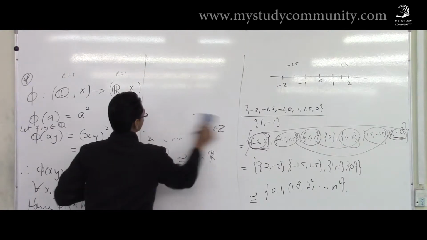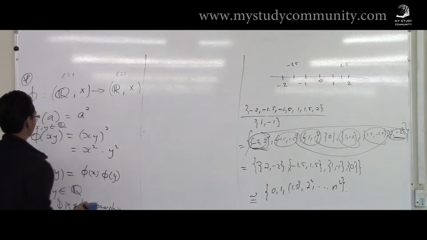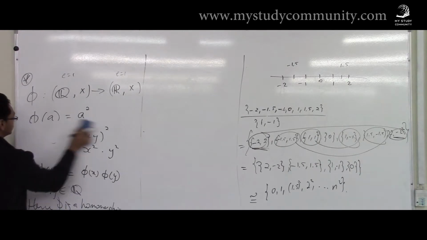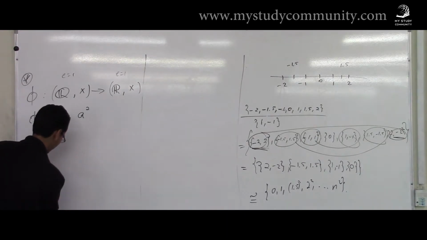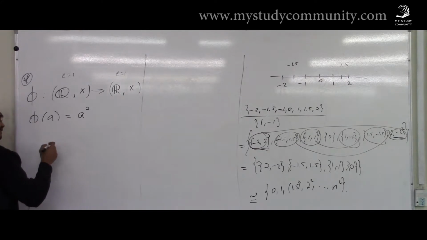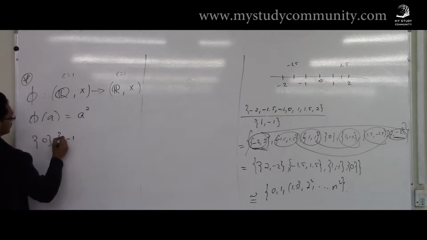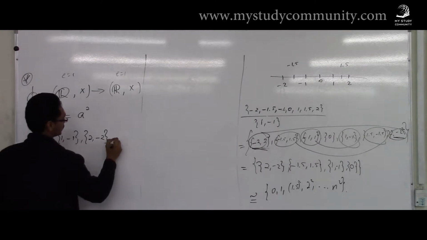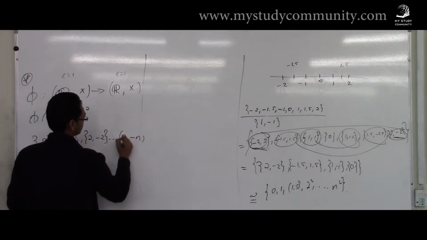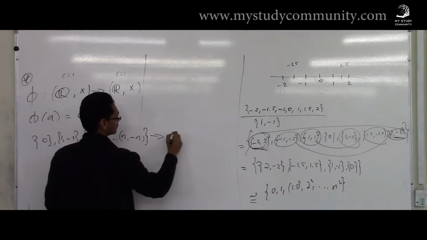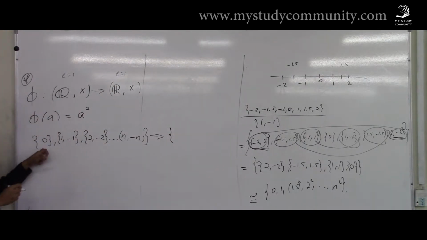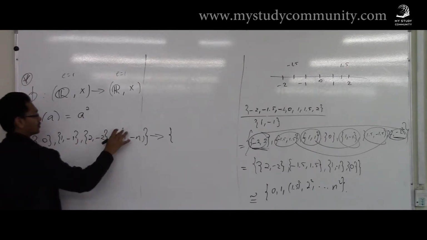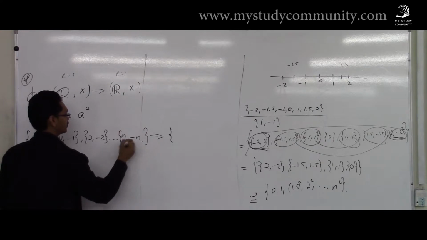I will remove this just to write it and analyze it a bit more. So what it says basically is that 0, 1 minus 1, 2 minus 2, dot dot dot, n minus n maps onto, yeah, this would map onto, anybody?